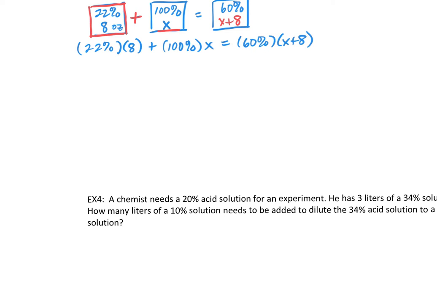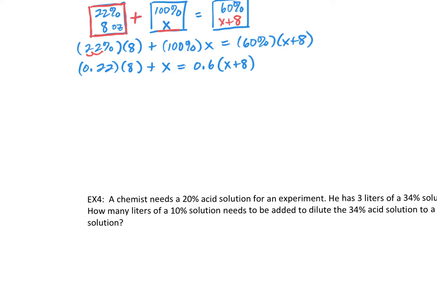Just remember, it's just moving your decimal over 2 places to get 0.22 times 8 plus 100% is just 1, so this turns into x, is equal to 0.6 times x plus 8. Remember, that's in parentheses.